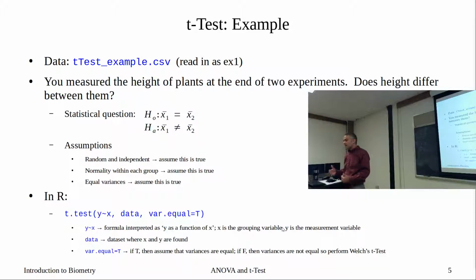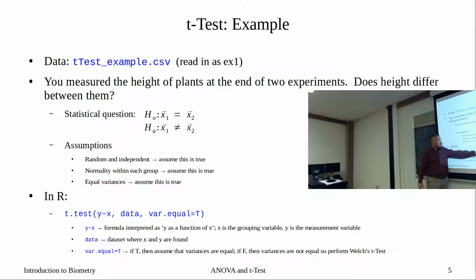This sets up a formula. And we're going to be using these formulas, or the formula format, many more times, not just on a t-test. All right? So when we set up this formula like this, we don't have to use the $ sign function. We give it the variable names because the second option here is for us to specify the data frame. So we would do our variable y, our dependent variable, as a function of our independent variable, comma, data equals our data frame name, all right?